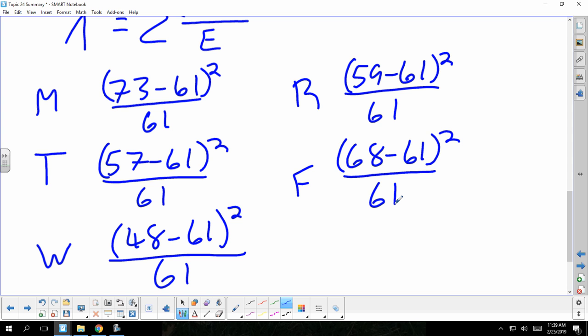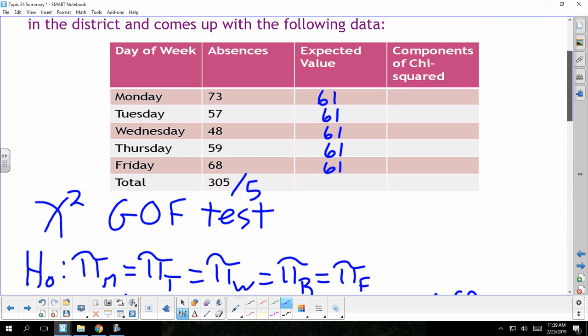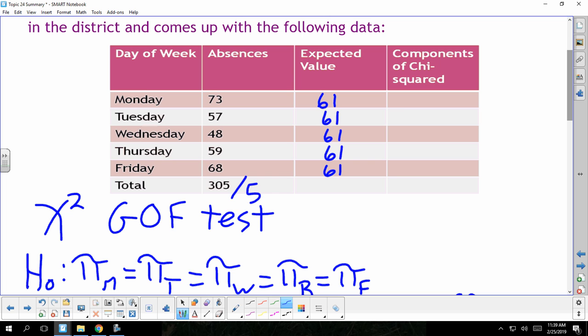All right, so in my table up here, I'm going to write down each of these contributions. So I'm back up here. And I get 2.36 for Monday, 0.26 for Tuesday, 2.77 for Wednesday, 0.07 for Thursday, 0.8 for Friday.